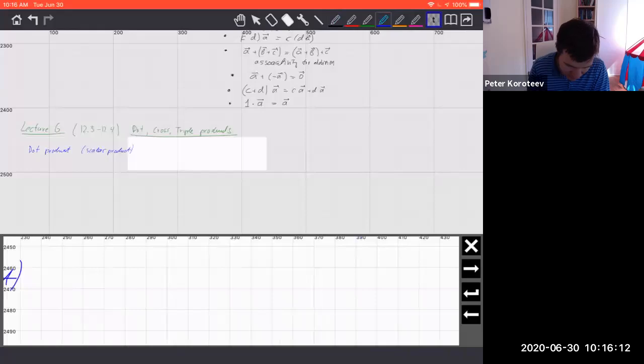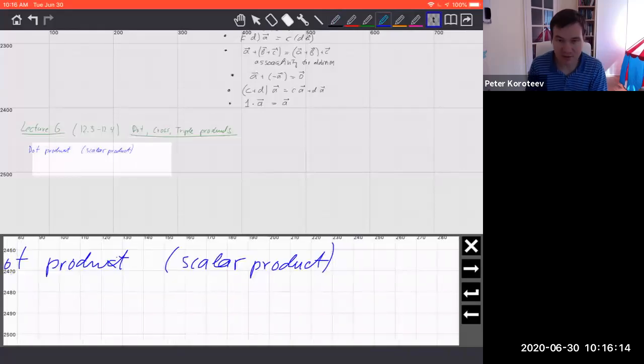Scalar is opposed to the vector product, and the cross product is sometimes called the vector product. Another adjective is inner product.